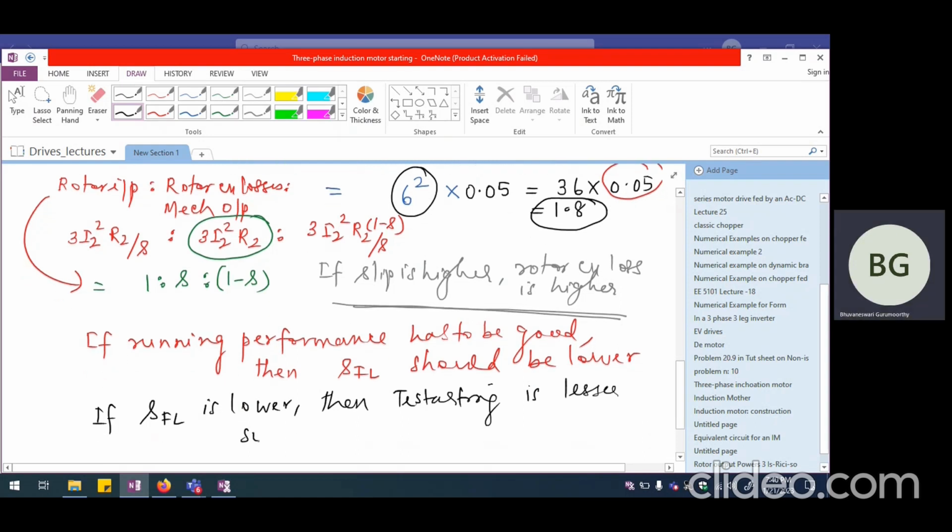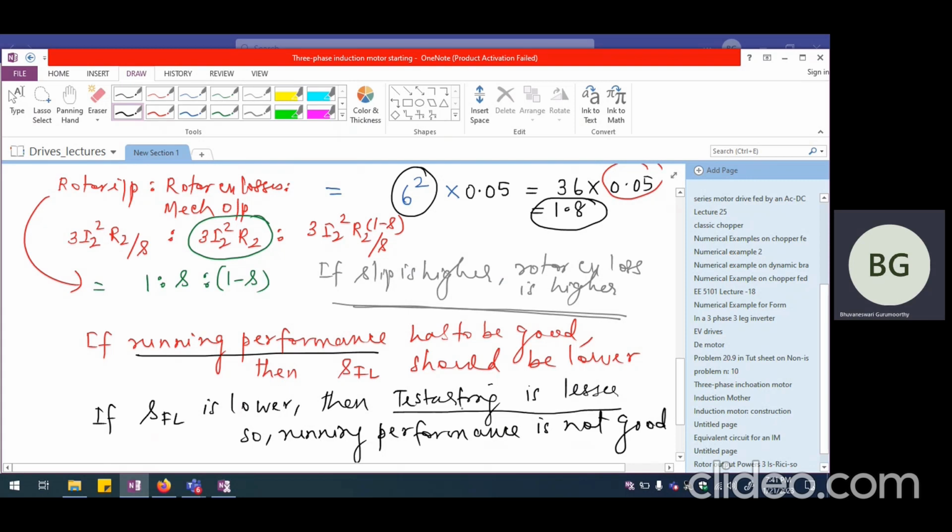So in general, the running performance and the starting performance of the induction motor cannot both be good simultaneously for a given induction motor because they have contradictory requirements. If I have the running performance extremely good and the efficiency very good, in all probability I am going to have the starting performance not as good.